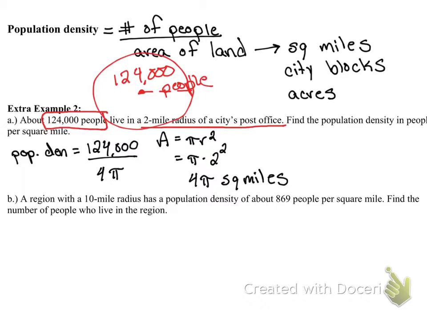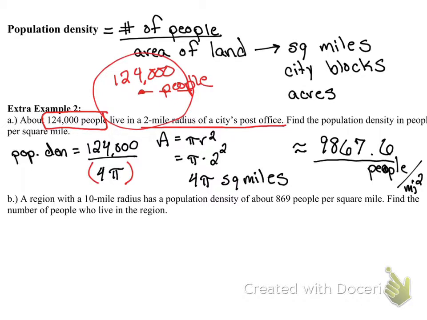When I'm doing this on my calculator, I need parentheses around this, so my calculator divides by both the 4 and the pi. And we get approximately 9867.6 people per square mile. So for every square mile, there are 9,867 people, okay?